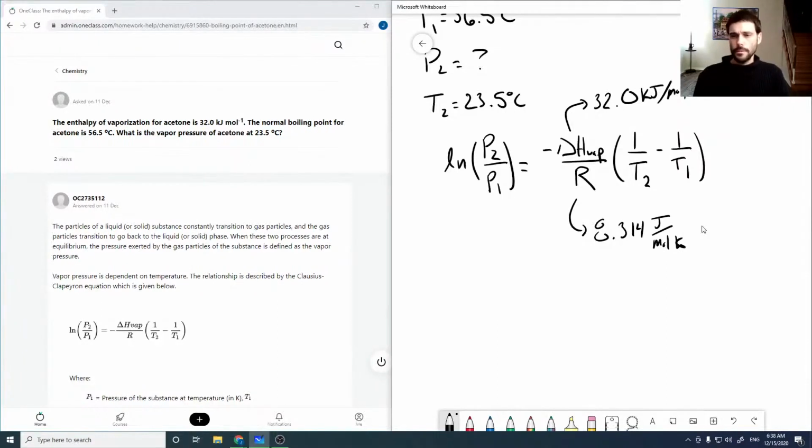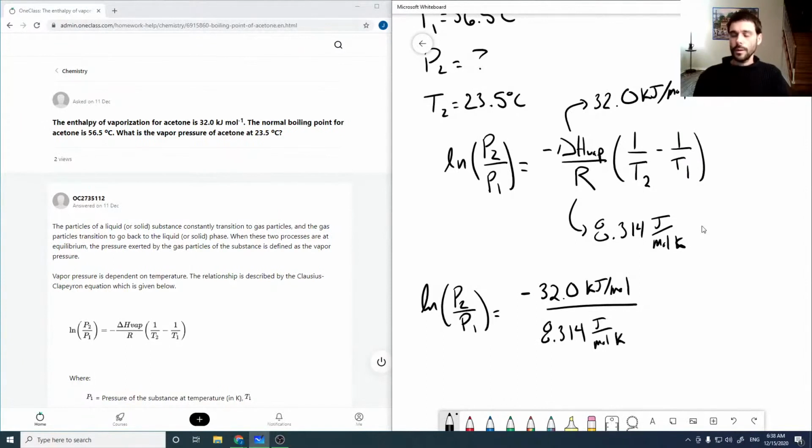Okay, so then we've got ln P2 over P1 equals minus 32.0 kilojoules per mole over 8.314 joules per mole Kelvin. Now the kilojoules, we're going to have to multiply by 1,000 joules per kilojoule.